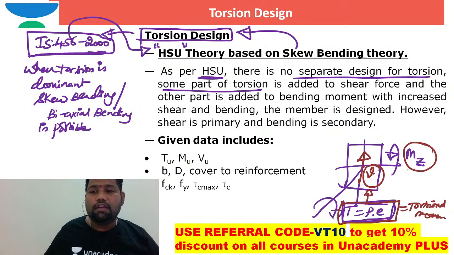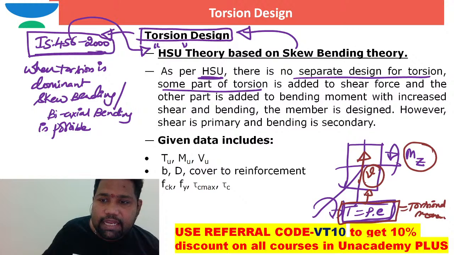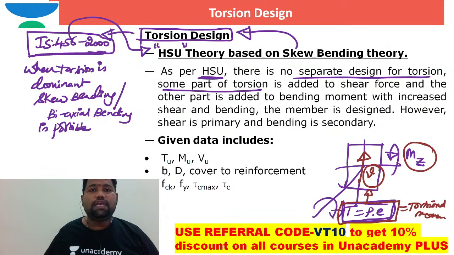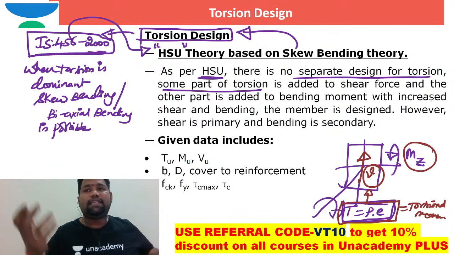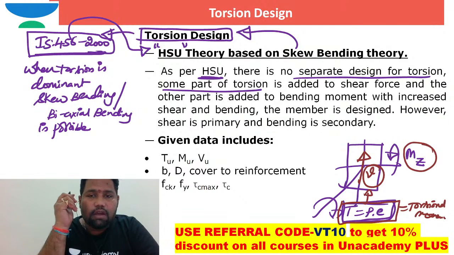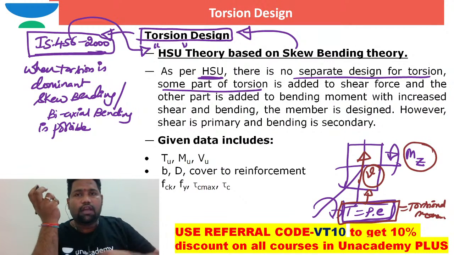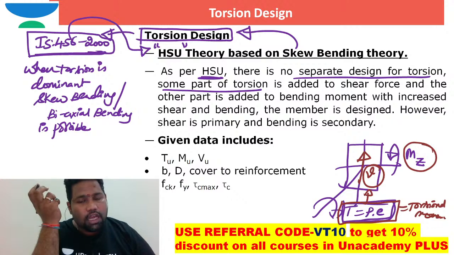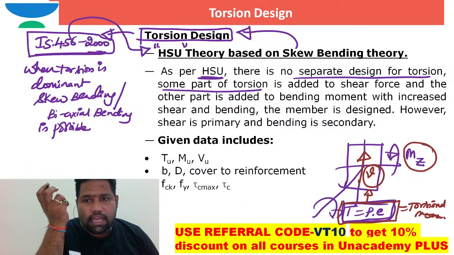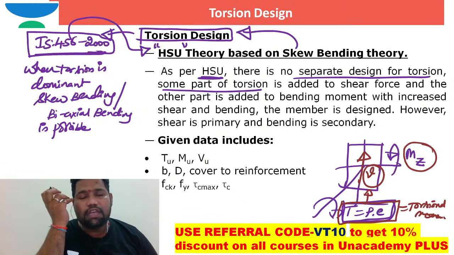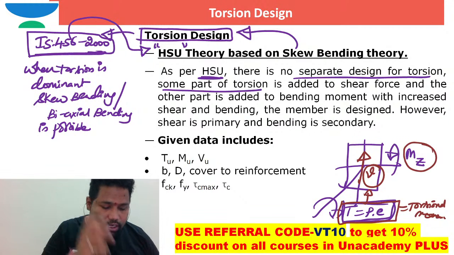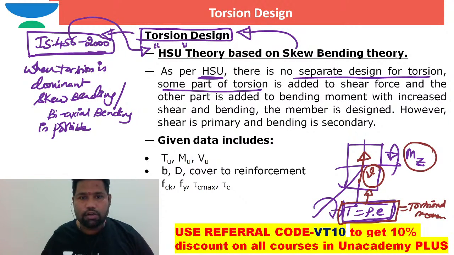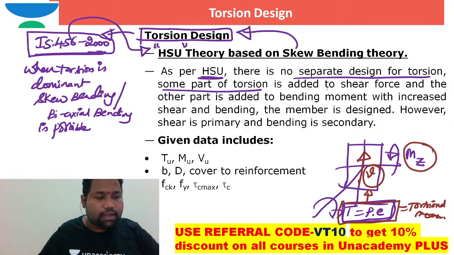So by increasing the design bending moment and the design shear force using this HSU theory, if we design the cross section for shear and bending moment for the increased, exaggerated bending moment and shear force, that cross section will be safe in terms of torsion also, as HSU proposed.